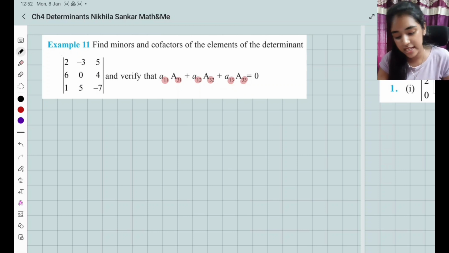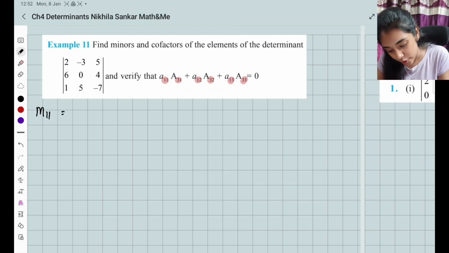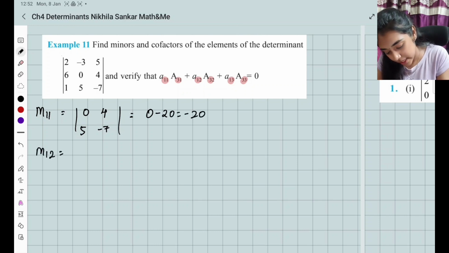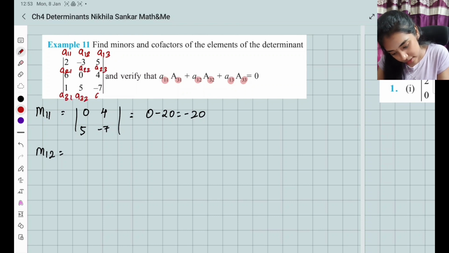So, first let us find out the minors and the cofactors. Now, M11 is going to be hiding the first row and the first column. I'll be left with 0, 4, 5, minus 7, so this is going to be 0 minus 20, which is minus 20. Similarly, M12. Let me first mark A11, A12, A13, A21, A22, A23, A31, A32, A33.